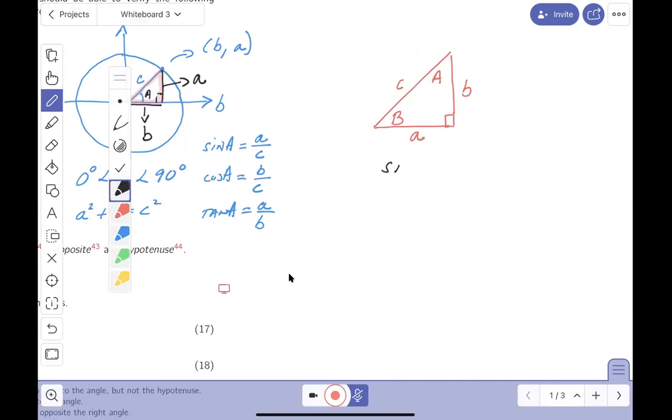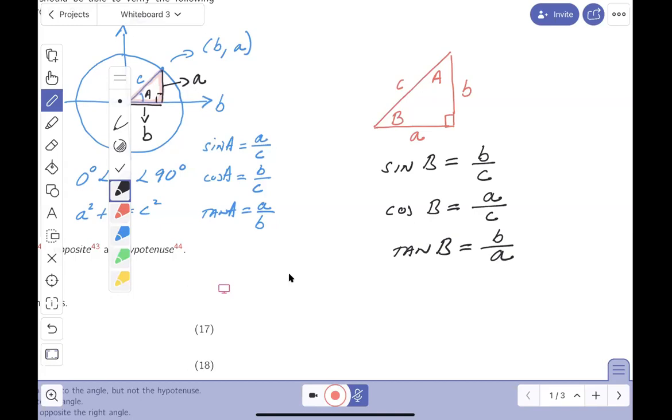The sine of B, well, that would be the side opposite of B, which would be B over the hypotenuse. See what I'm doing? Cosine of B would be the side adjacent to B, which is A over C, and the tangent of B would be the side opposite B, which is B, over the side adjacent to B, which is A. All right? And again, it really goes back to my triangle.